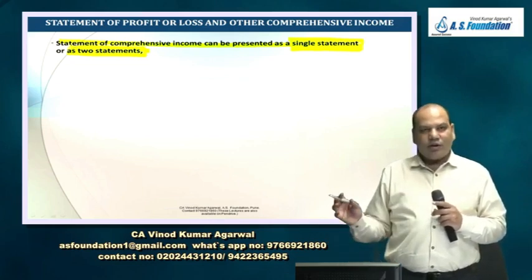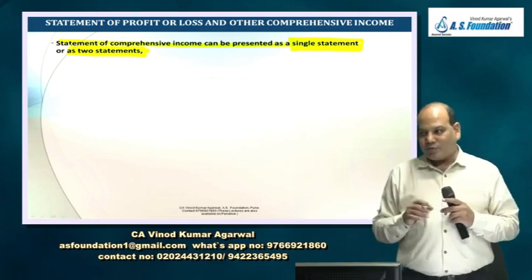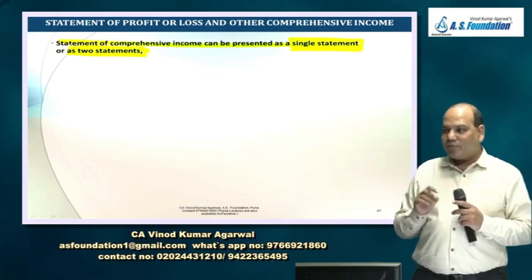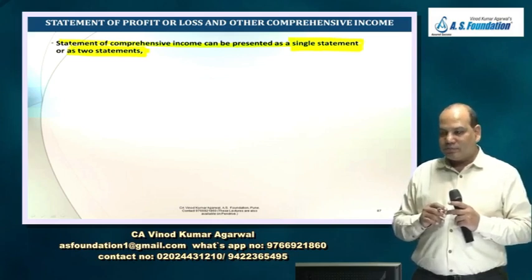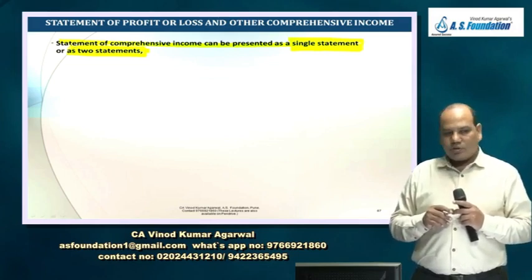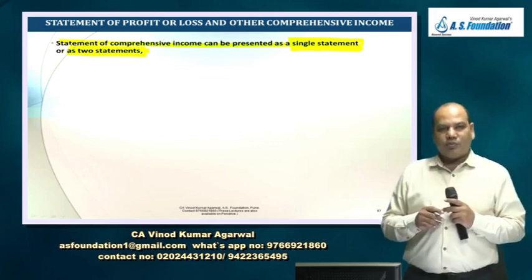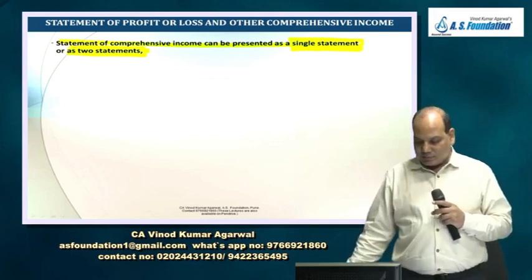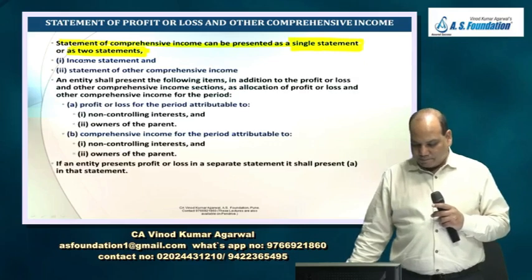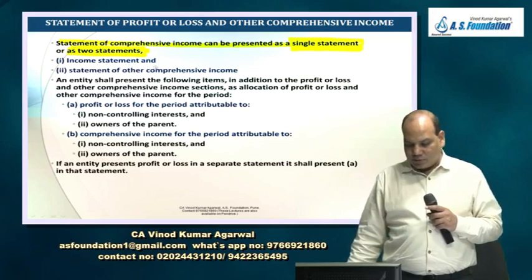Now this is a difference between IAS 1 and IND AS 1. IND AS 1 has only given one option. Which option? Single statement. So this also you have to keep in mind, that IND AS 1 only allows one option, single statement. If you are giving two statements, it will be income statement and statement of other comprehensive income.